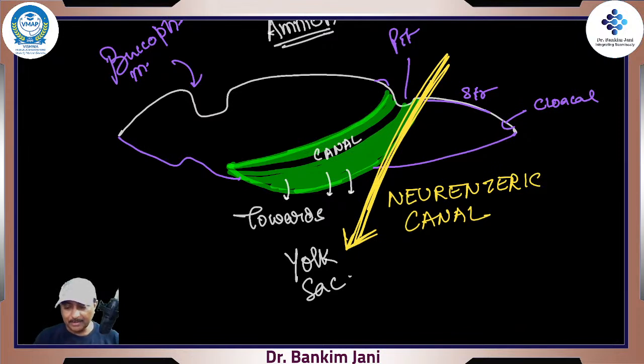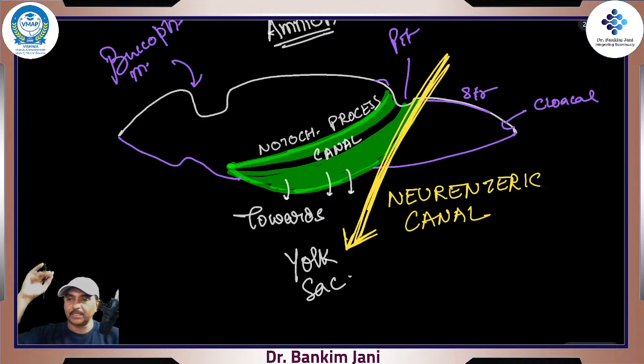It occurs when the notochordal process goes down, and as it touches the endoderm, the portion of that endoderm is taken off.